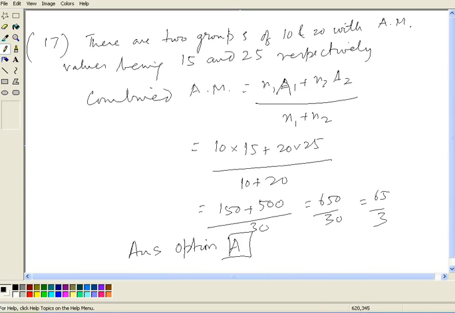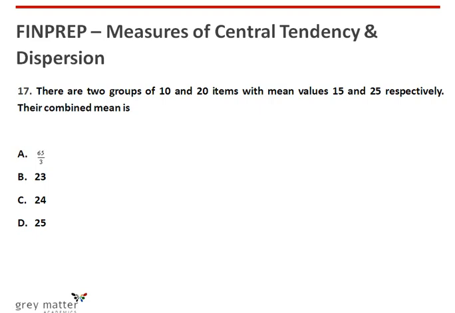Based on this calculation, we find that it is 65 by 3. So the answer is option A. Going to our PowerPoint presentation, it is option A, which says 65 by 3.